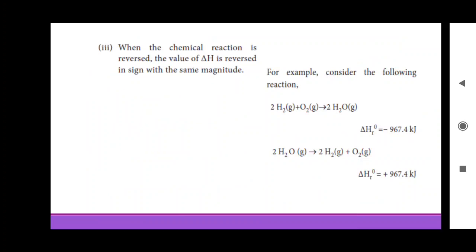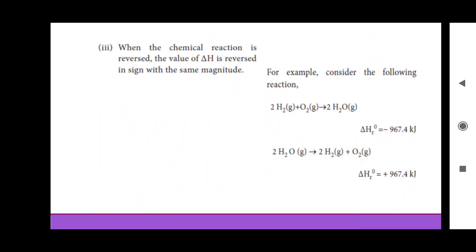Point number 3. When a chemical reaction is reversed, the value of delta H is reversed in sign with the same magnitude. Here I have given 2 equations. The first equation is reversed, so products act as reactants and reactants act as products.